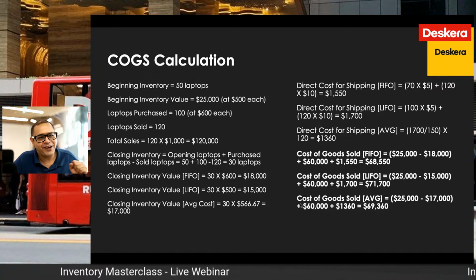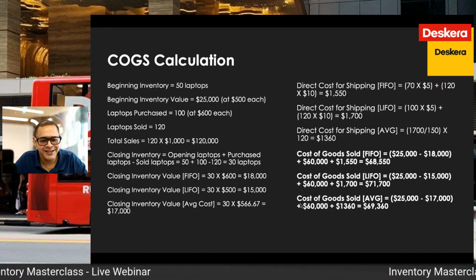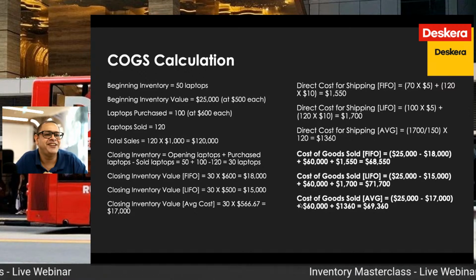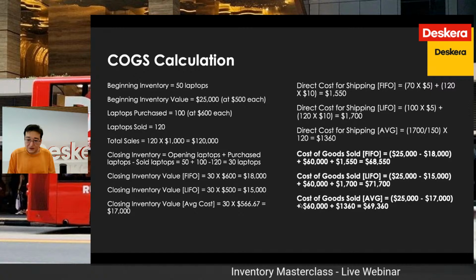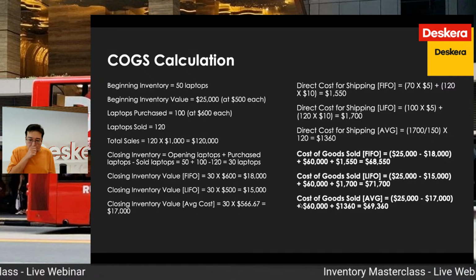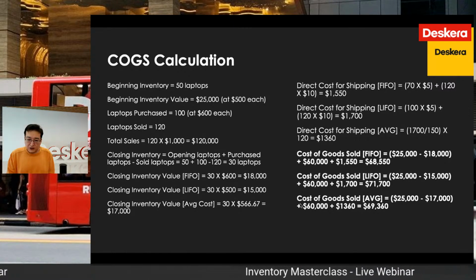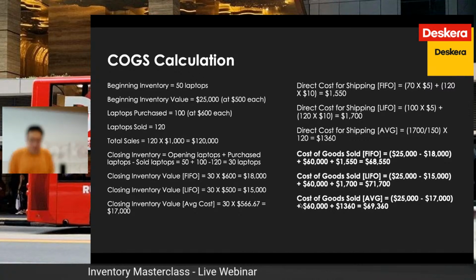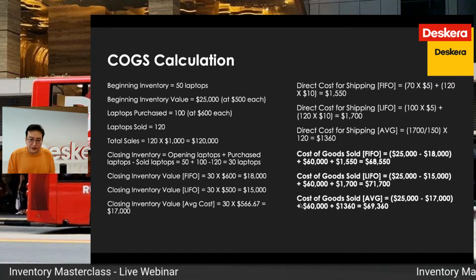So would you like to take a shot at that, David, explaining the last number? How does it change for average? All right. So we have the 1,700 divided by 150 times 120. Sorry. So you're taking the 1,200 laptops plus the 50 laptops.